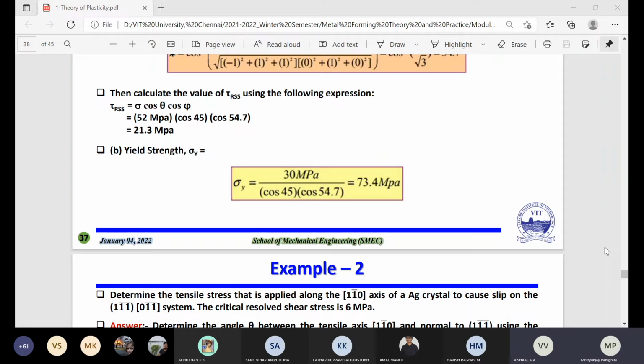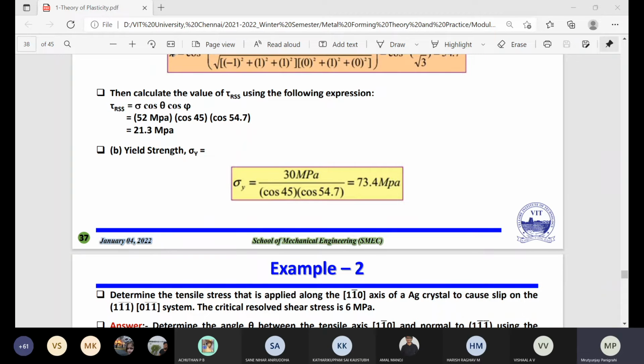Yeah, everybody is getting phi as 1/2 or 0.5. Then you can find out the tensile stress if this CRSS is given as 6 megapascal. Sir, 14.69. Yeah, fine. But you have to write the unit.